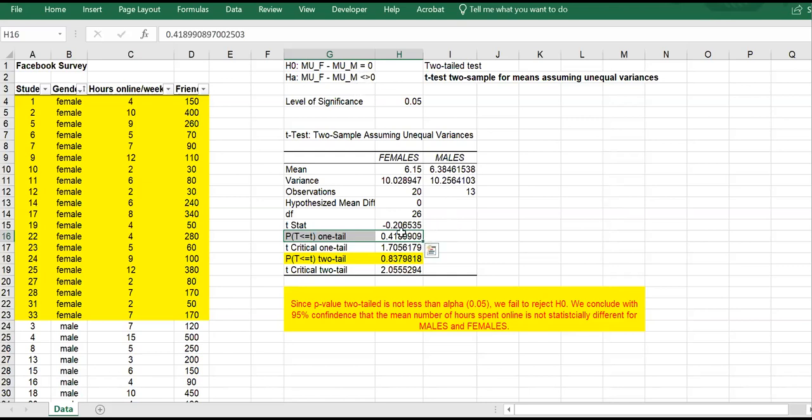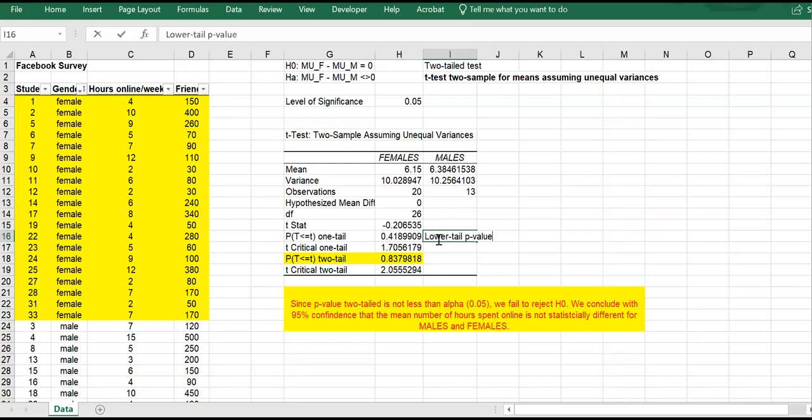The way we determine this, just a quick reminder, is by looking at the test statistic. If the test statistic is less than 0, if it's negative, this would be the p-value lower tail, which is actually the case here.